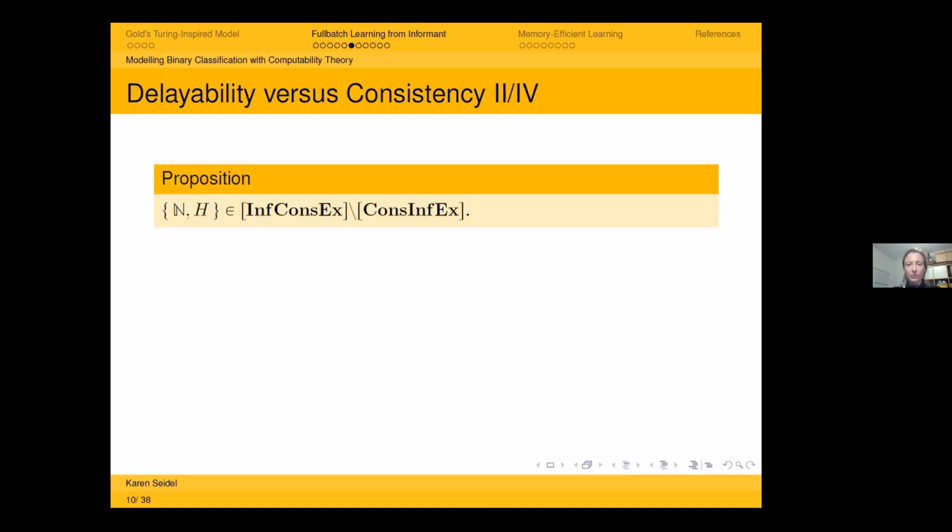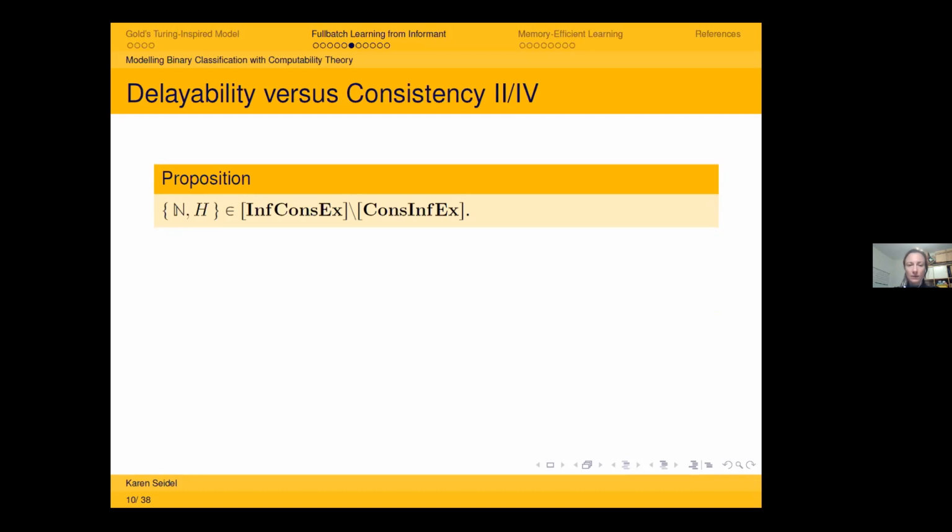So this argument relies on a diagonalization argument, just as the following very easy observation, namely that consistency on the successfully learned languages does not imply consistency in general on every possible presentation.